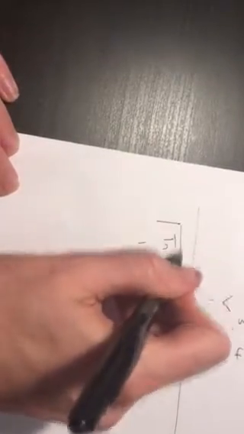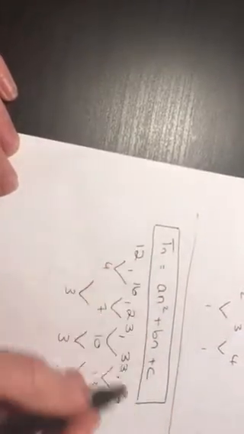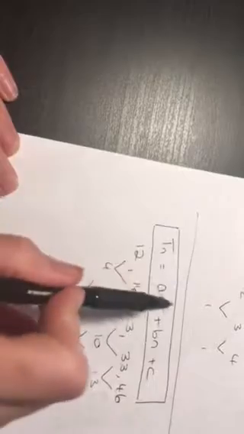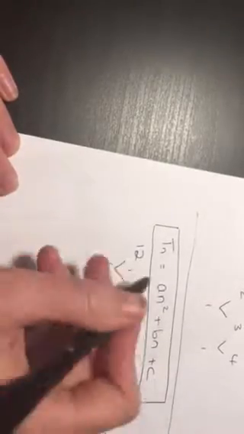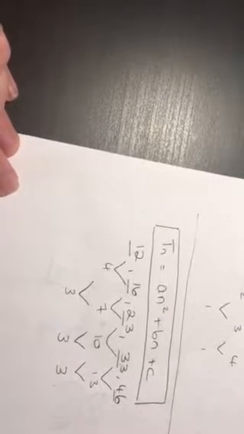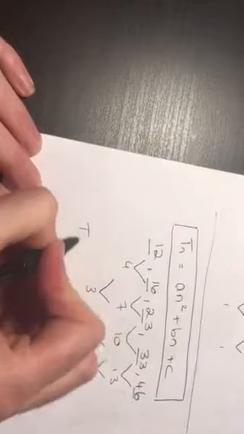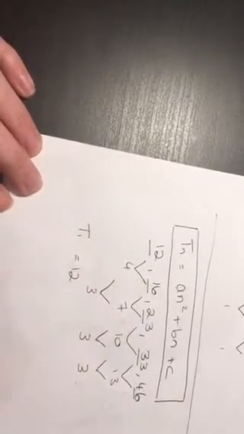The general formula for a quadratic looks like this. So I'm going to have to use this and the information that I have from my pattern and try to figure out the general term. So what do I know? I know that T1 is equal to 12.